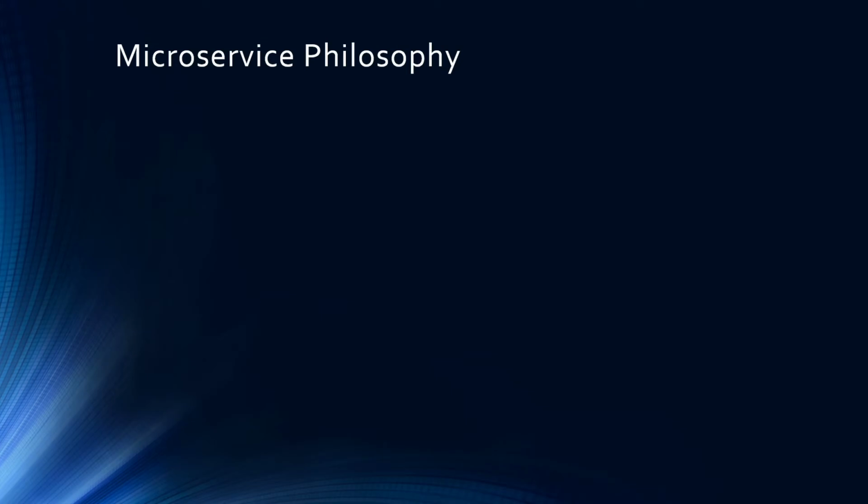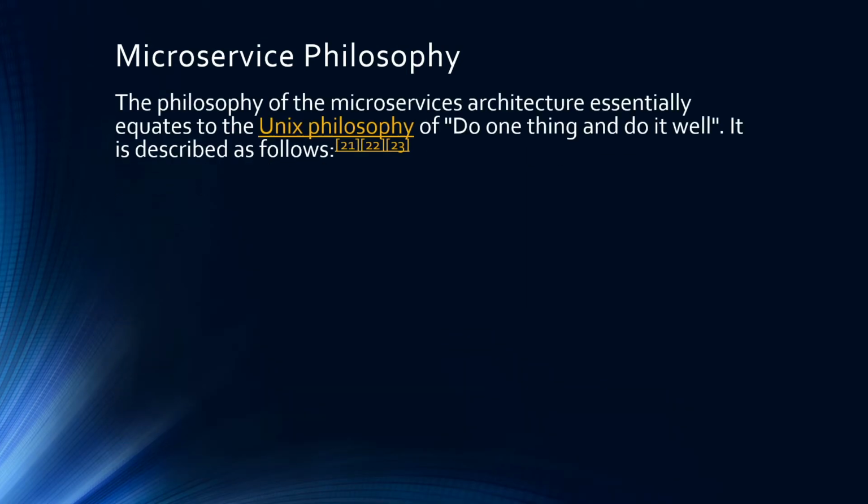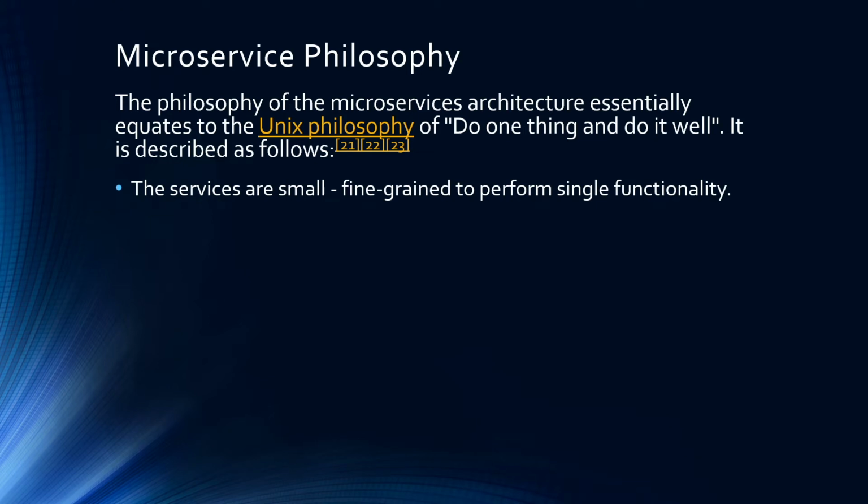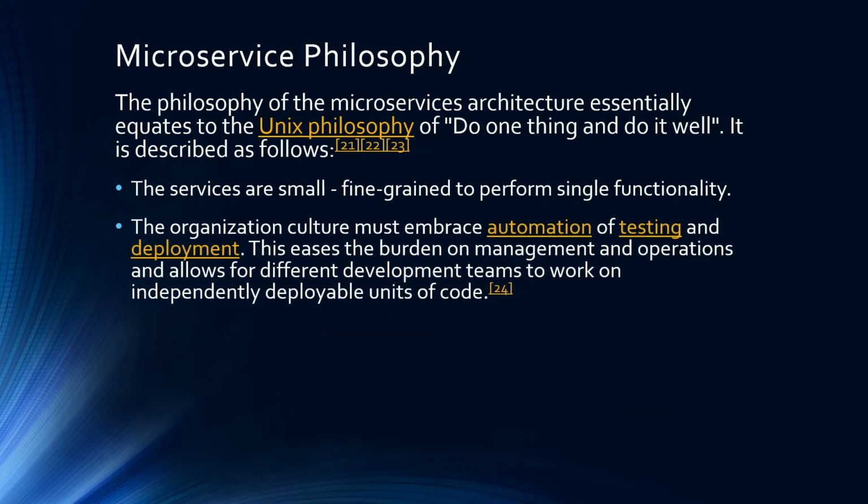Microservices also have a philosophy. The philosophy of the microservice architecture essentially equates to the Unix philosophy of do one thing and do it well. It is described as follows. The services are small, fine-grained to perform single functionality. The organizational culture must embrace automation of testing and deployment.